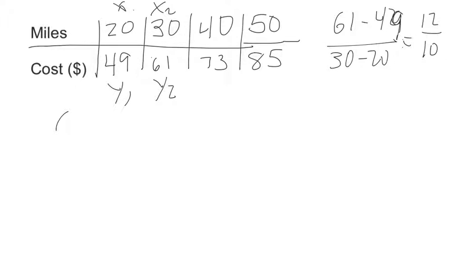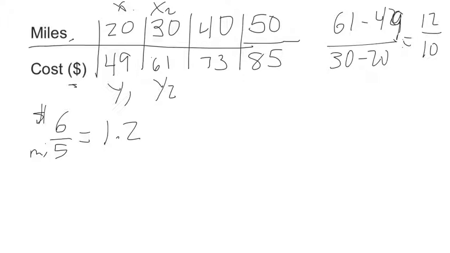That would reduce to 6/5. But we are talking about money and miles, right? This is a change in money over change in miles. So I can convert that to a decimal here, because since we're talking about dollars per mile, it makes sense to convert to a decimal. 6 divided by 5 is going to be 1.2 as a decimal.